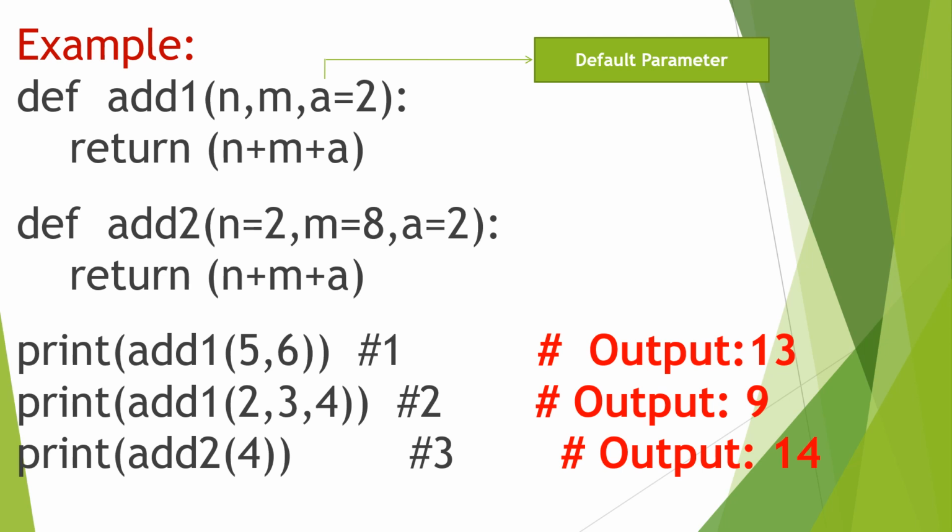In the second statement, again showing the function call of add1, I am sending all the three parameters. So the value 2 would get copied into parameter n, the value 3 would get copied into parameter m, and 4 would get copied into the parameter a.